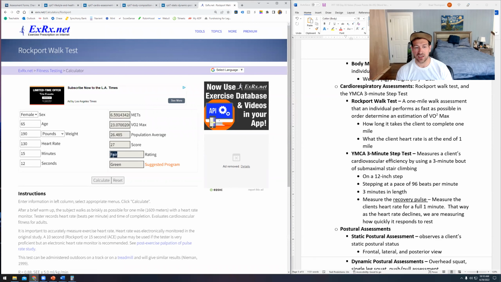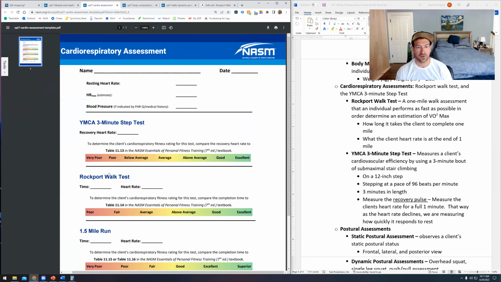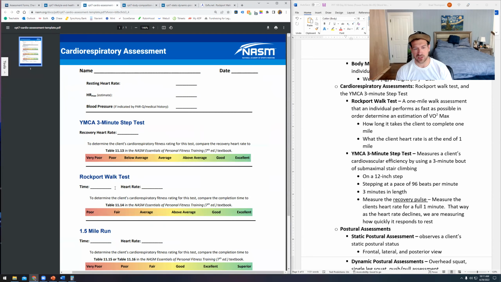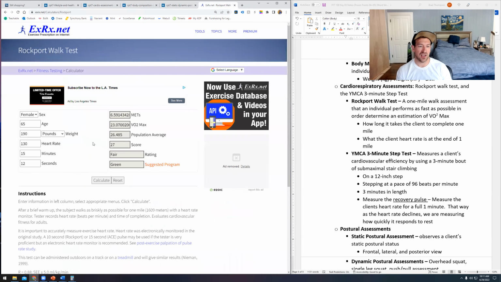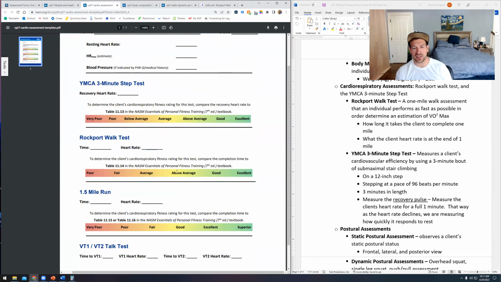I hit calculate here. She did pretty fair on the score, not bad. So 15:12, heart rate at the end was 130, and I'd put them in the fair category. It's pretty good. It's not great, but it's not terrible, right?